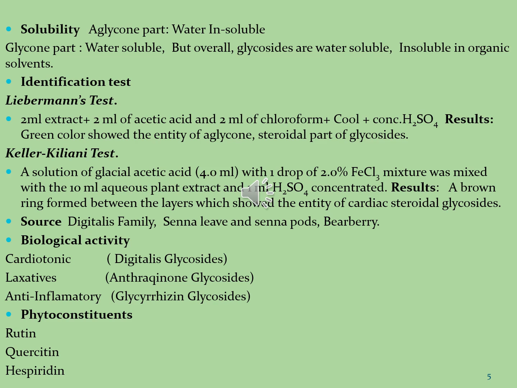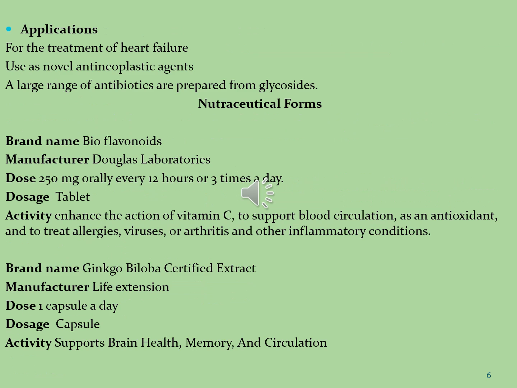Many other phytoconstituents are also present within the glycosides, such as rutin, quercetin, and hesperidin. Glycosides are also used for the treatment of heart failure, as well as novel anti-neoplastic agents. A large range of antibiotics are prepared from glycosides.